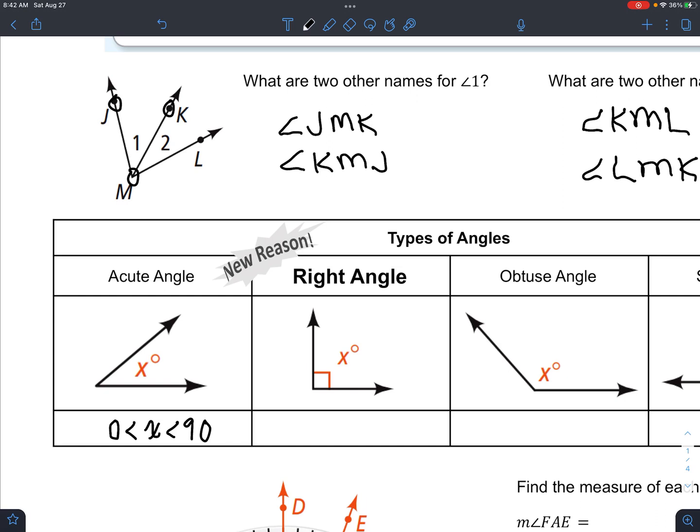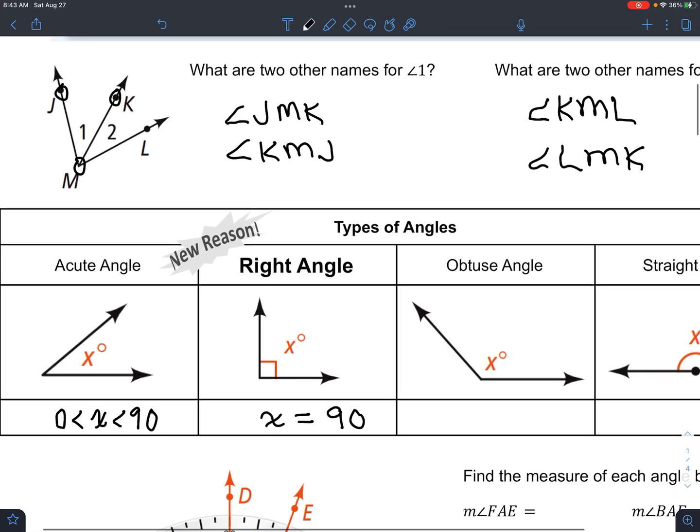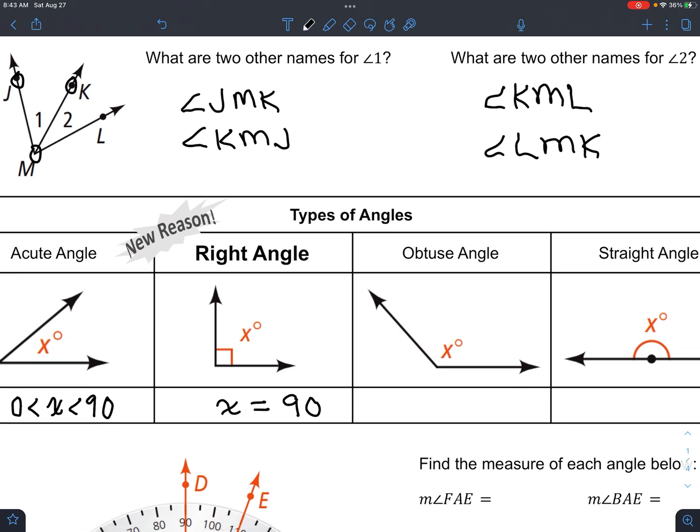So anything less than a quarter turn is an acute angle. A right angle, which we're going to use this definition of later, just means that the angle measure is 90 degrees. An obtuse angle is anywhere between 90 and 180.